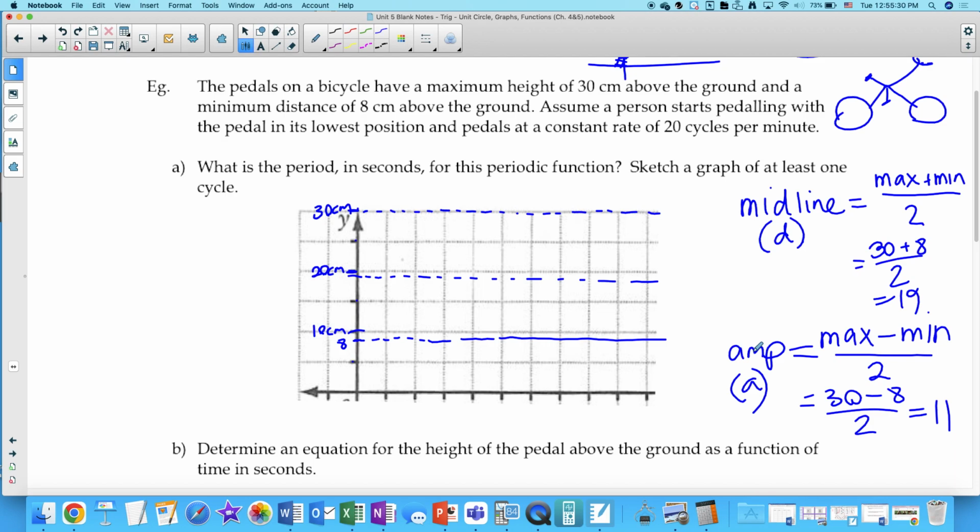But what I would do personally is make the time in seconds, because then you have a whole number. So you can either keep it in minutes, or say a minute's 60 seconds, so this is going to be 3 seconds. One cycle is 3 seconds, because a minute is 60 seconds.